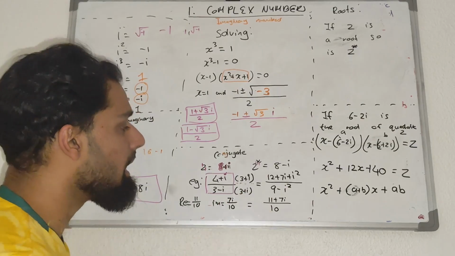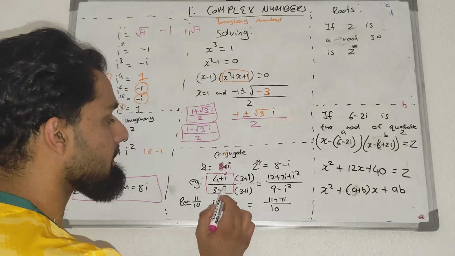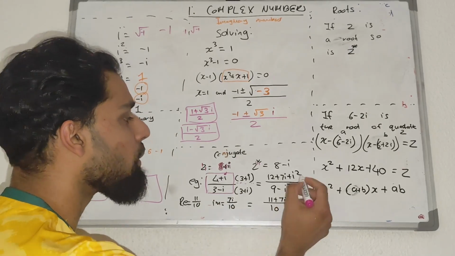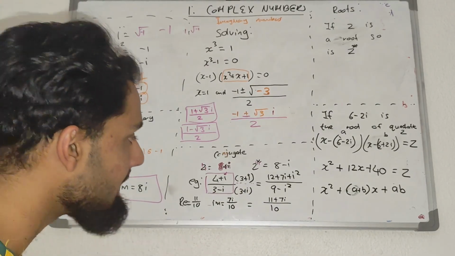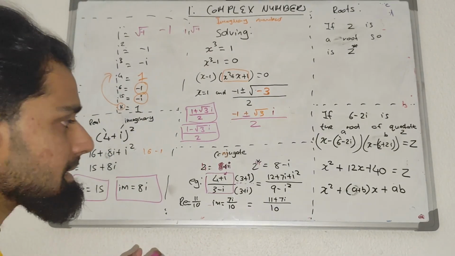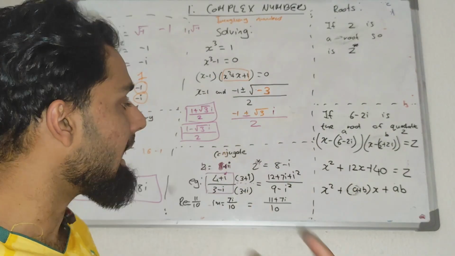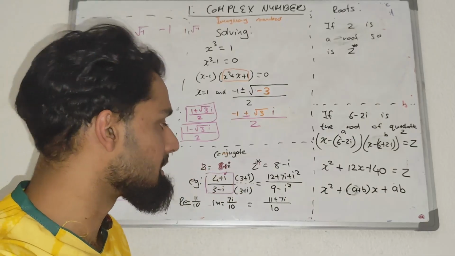We multiply by 3 plus i over 3 plus i, and it's effectively the same as multiplying by 1, but by multiplying by that conjugate, we can ensure that we get an i squared. That's a big lesson for you. When you want to simplify and make sense of these complex numbers, the conjugate becomes very important because it gives you an i squared at the end. That i squared just becomes negative 1, something we can simplify, something we can reason with.